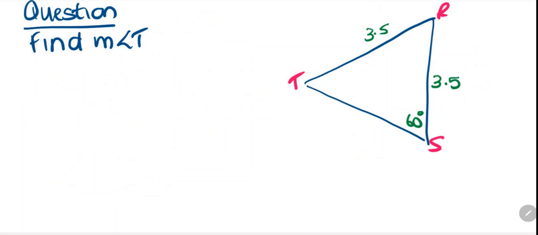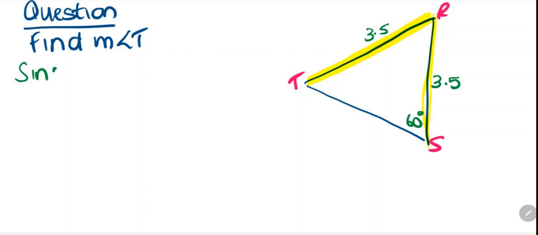Okay, so if you look at this triangle, we have to find the measure of angle T. So we can look at our sides, our segments, and we can see that TR and SR are equal length.